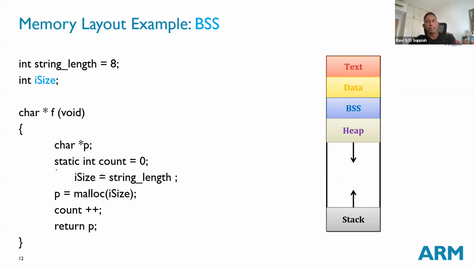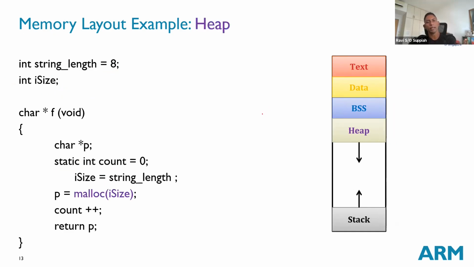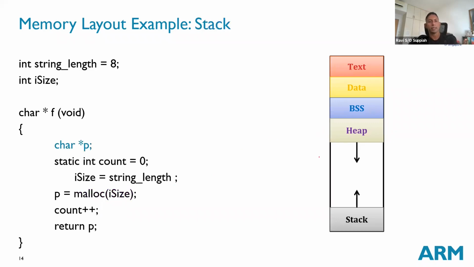Then you have another global variable here, but this is not declared with any initial value, so it goes into the BSS segment. Then you have malloc, which is again a runtime allocation. Based on the value of string length, I would allocate a particular size, and that is in the heap of the memory space.